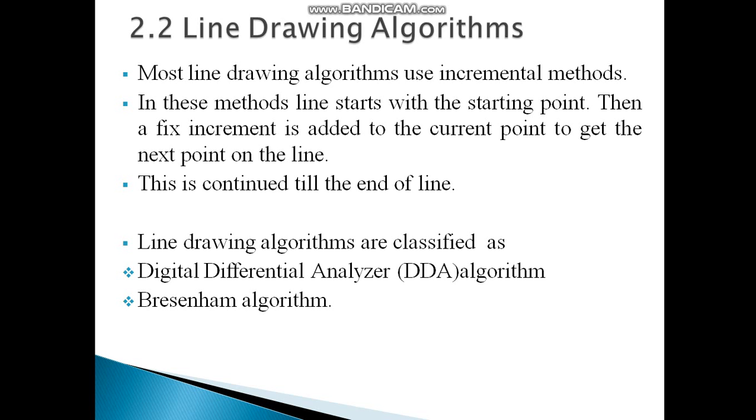The second concept is line drawing algorithm. Most line drawing algorithms use an incremental approach, or incremental methods. In this method, lines start with a starting point and then a fixed increment is added to the current point to get the next point on the line.